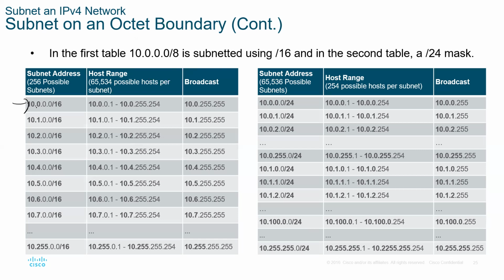This is the first network, /16. The second one, 10.1.0.0. This is the third one, fourth one, fifth, sixth, up until we get to the 255th network, making a total of 256 networks. So that is what subnetting is.